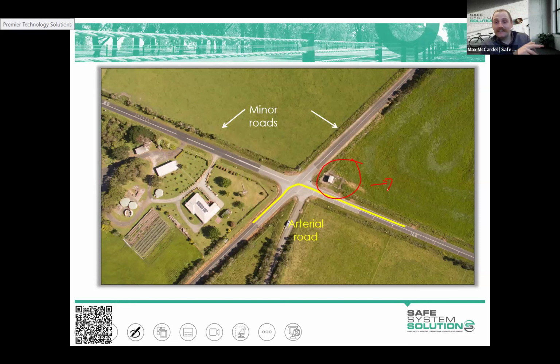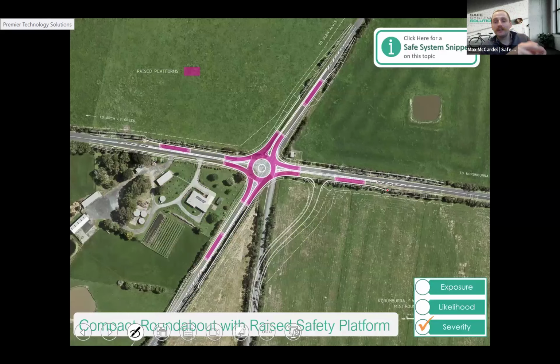So instead, they looked at this idea of compact roundabouts, which we touched on a little bit before. Traditionally, roundabouts require reverse curves coming in, and what I mean by reverse curves is, I'll try and draw it on top of this image.